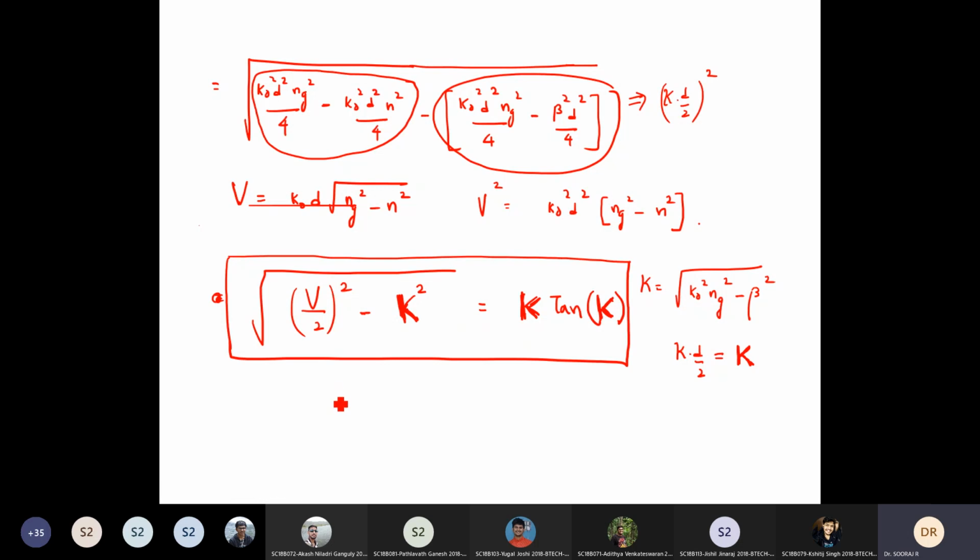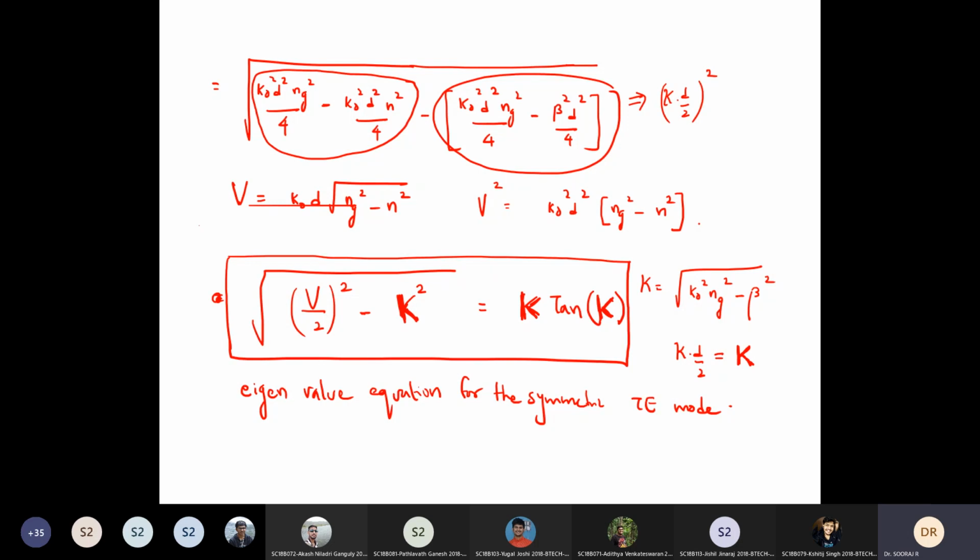So this equation, you call it the eigenvalue equation for the symmetric TE mode.